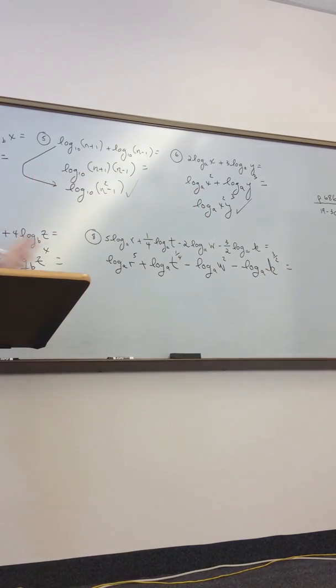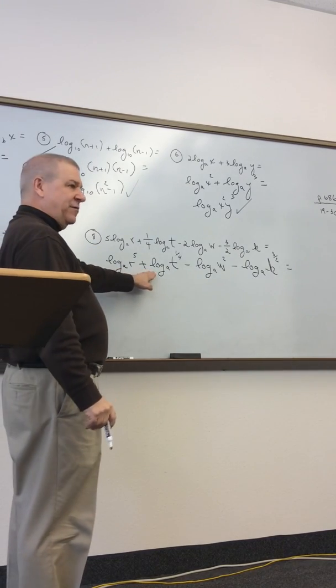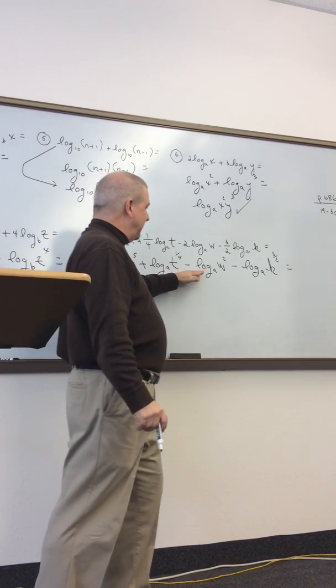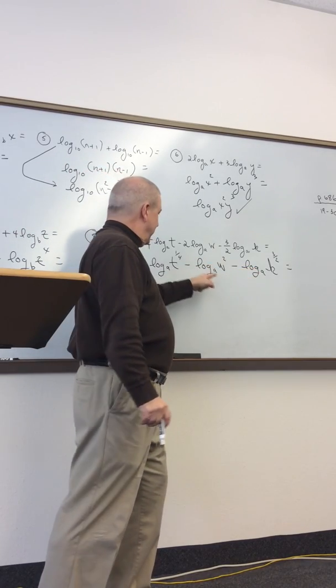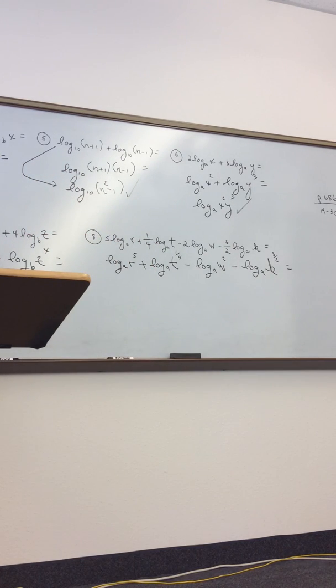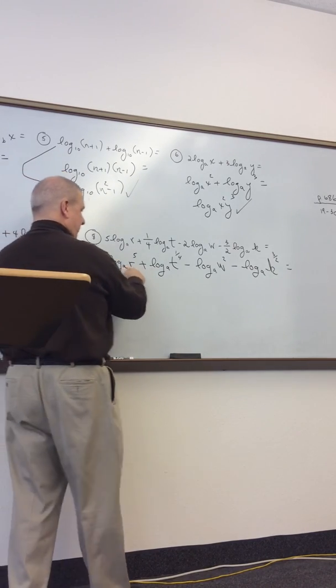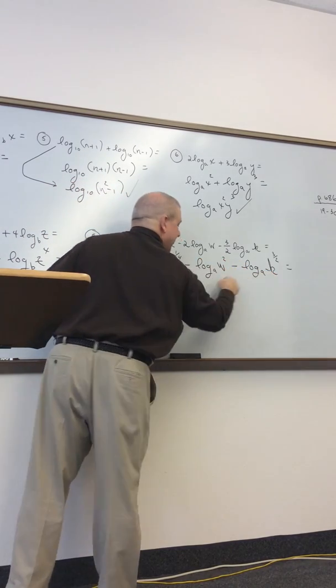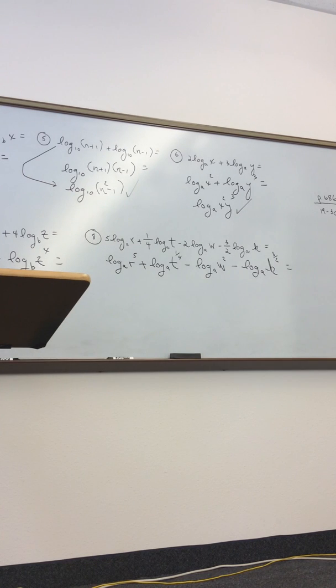Now watch. This is the sum of logs, so isn't this going to be the log of this times this? But then it's minus this one and minus this one. So where are those two things actually going to end up? Because they're both subtract. You can go right to the answer in one step right now. This is the sum, so it's this one times this one, but because this is subtract this one, where are those two things actually going to end up?